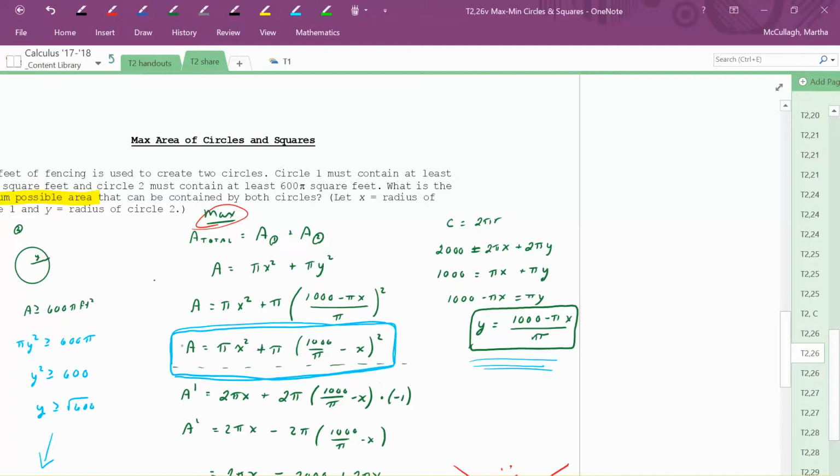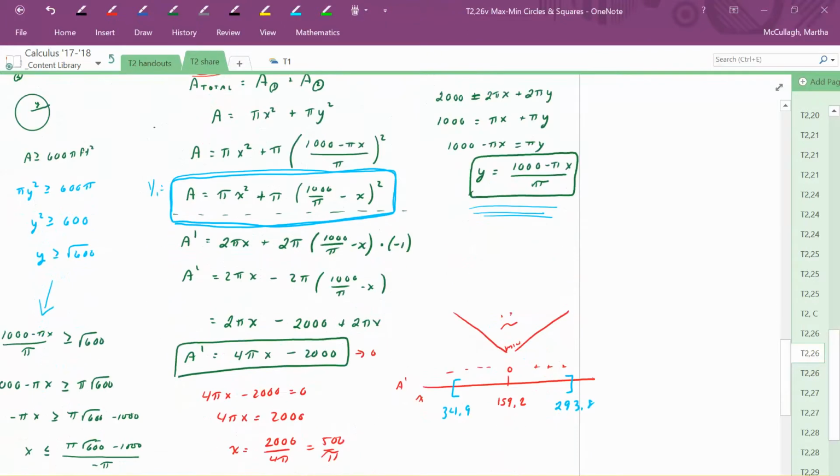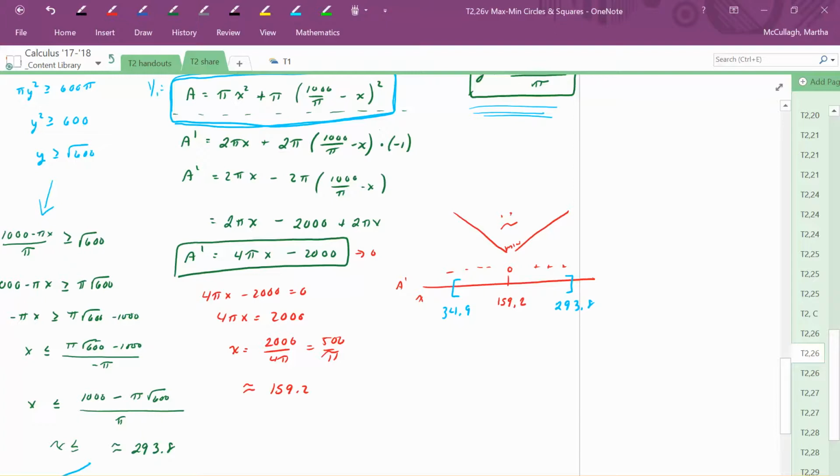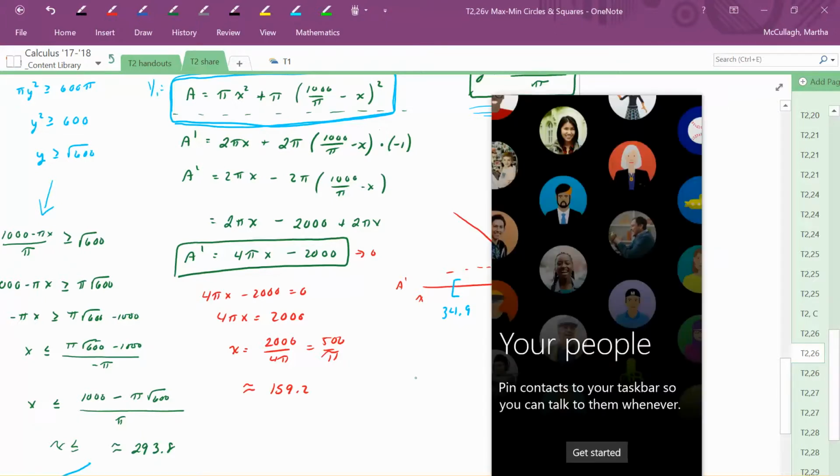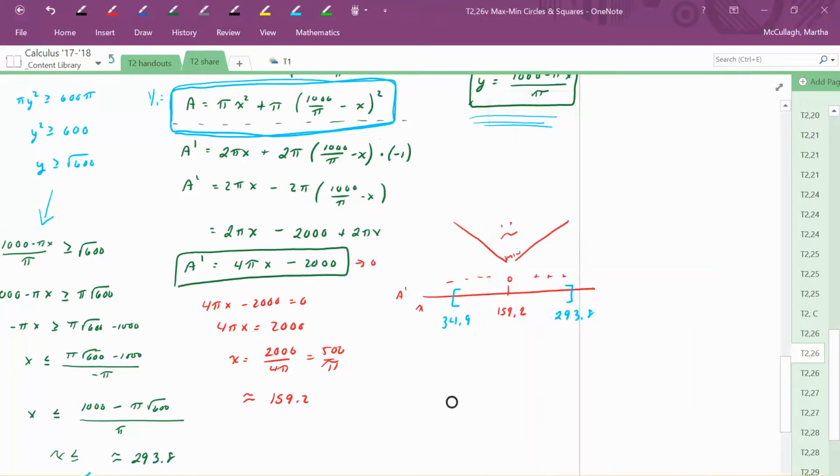So I'm going to put this in my y1 of my calculator. I've got to be careful of parentheses as I'm typing it in. If I put this equation in my y1 on my graphing calculator, I can then evaluate A at 34.9, I can evaluate A at 293.8.